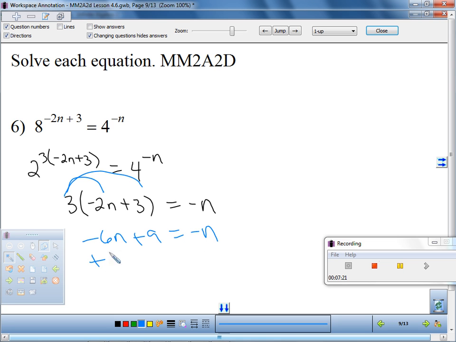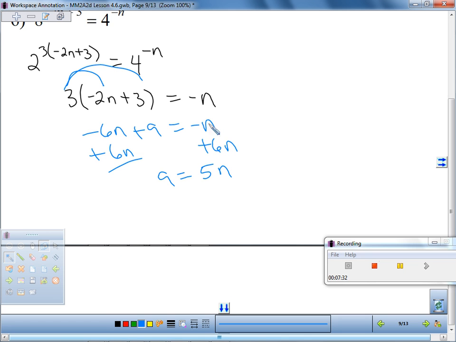Combine like terms: I'm going to add 6n to both sides. So we end up with 9 is equal to 5n. I have negative n plus 6n, so there are different signs, and I subtracted to get 5. Then we divide both sides by 5, and we end up with 9/5 is equal to n for this one.